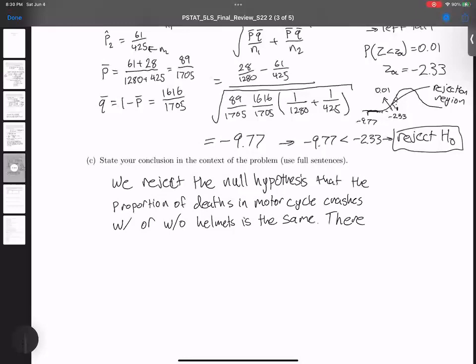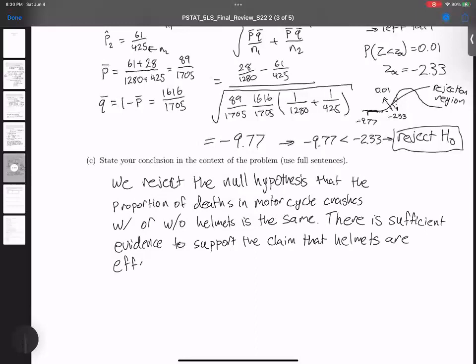So there is sufficient evidence to support the claim, and the claim is that helmets are effective at reducing fatalities.